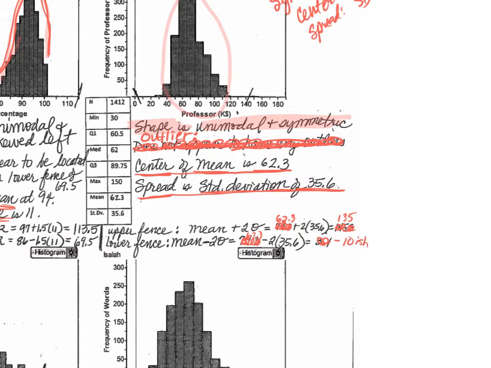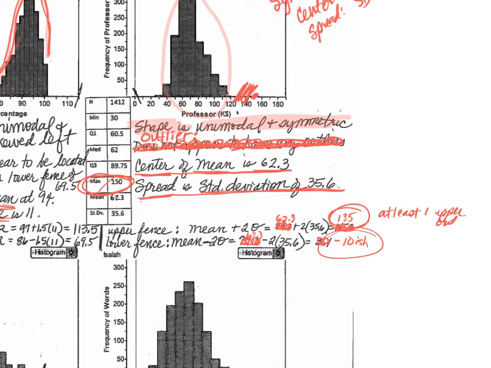So let's figure out how to determine if you have an outlier. If the maximum is above the upper fence, here's your fence at 135, then you have an upper outlier. So I know I have at least one upper outlier.